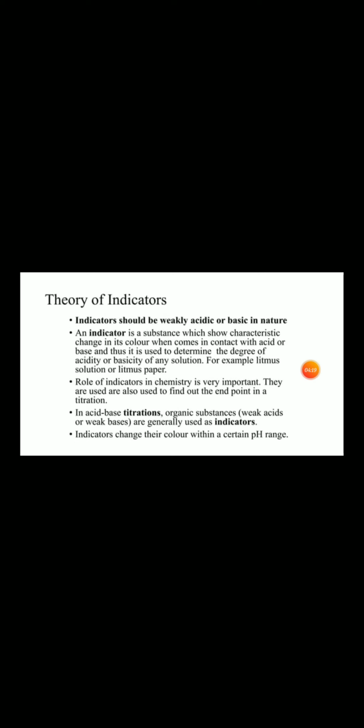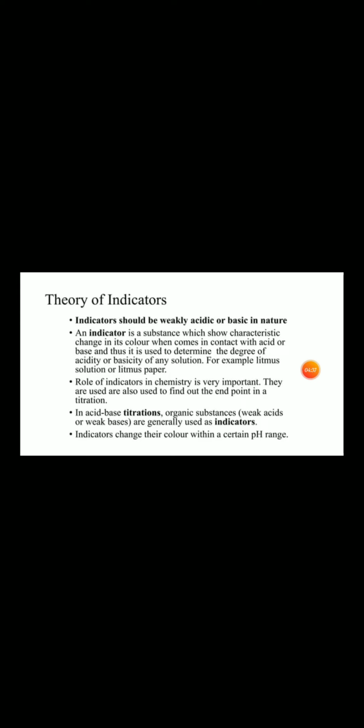Next, we've already seen the types of the indicators. Now we'll go to the theory of indicator. Indicators should be weakly acidic or basic in nature. Hence it should be weakly acidic or weakly basic.